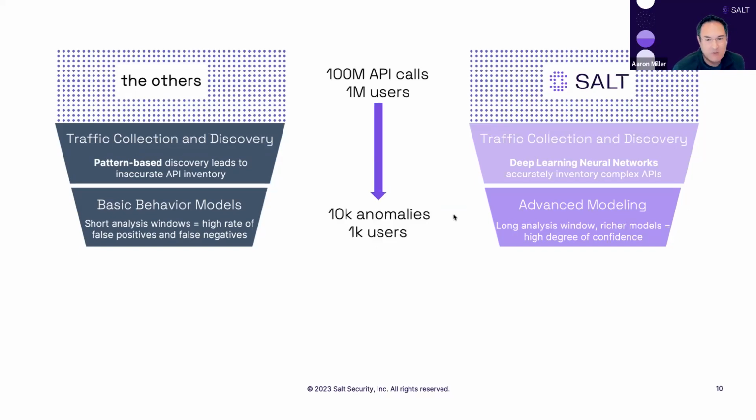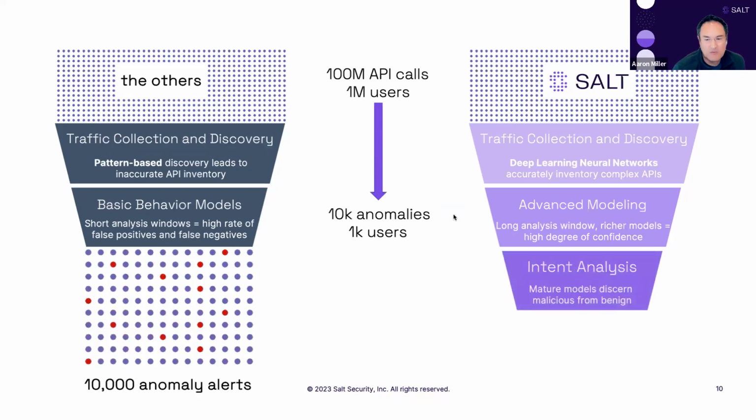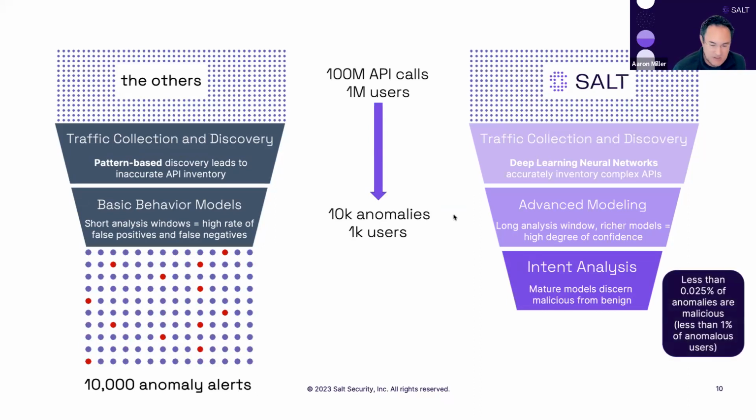And we actually layer in another neural network, right? And this allows us to filter out from the anomalous traffic the truly malicious traffic, right? Where the intent of the user generating that anomalous traffic was actually malicious. And that is, I think, what distinguishes Salt from the competition. We really pride ourselves in this ability to do runtime protection, right?